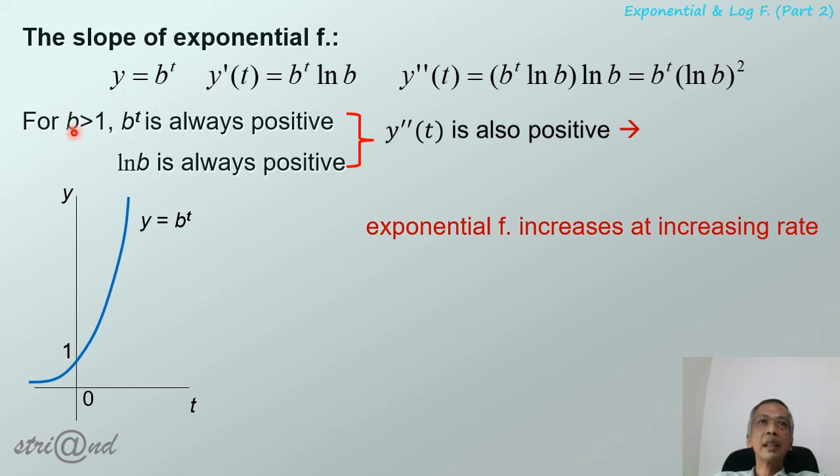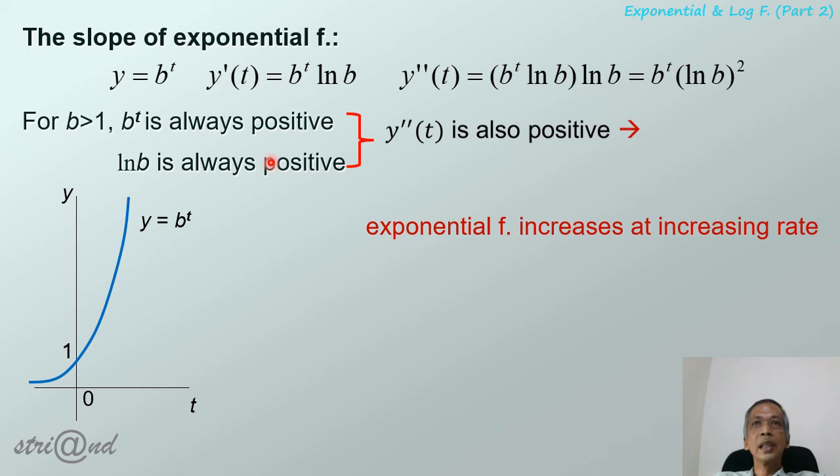As long as b here, the base, is greater than 1, the b to the power of t will always be positive. And because b is greater than 1, the natural logarithm of b will also be positive.